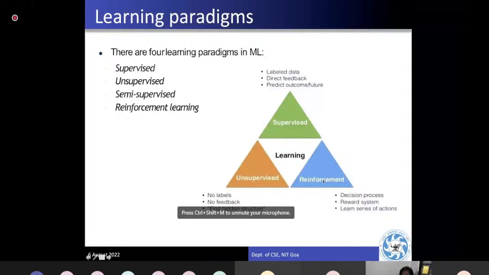In networking, we mostly use reinforcement learning because there is a reward system: every time, the whole system learns through reward functions and gives some output. The environment is an important factor in the whole decision process in reinforcement learning. That's the reason we believe it's a good model for networking.